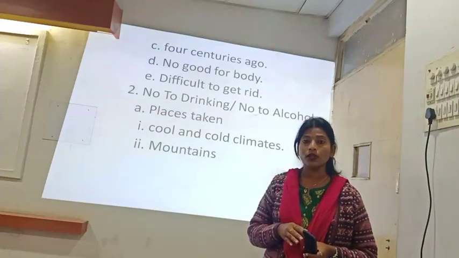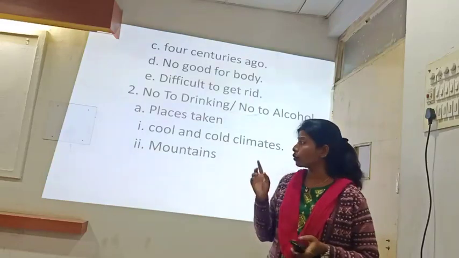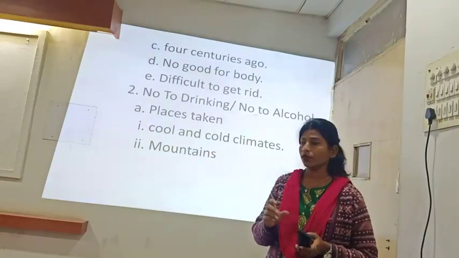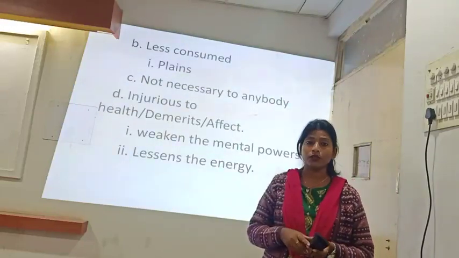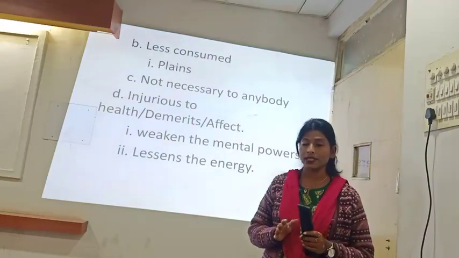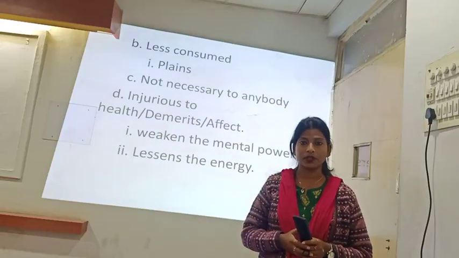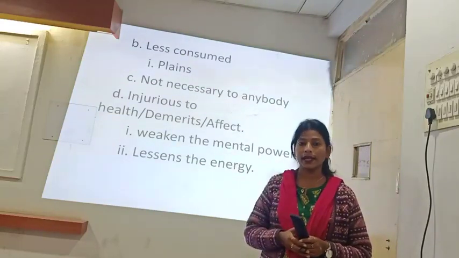Cool and cold climate. Next, in mountains. Now you can see that no sentence is being framed. Next is less consumed. Where is alcohol less consumed? In plains. Next is not necessary to anybody, right? And the D point is injurious to health.